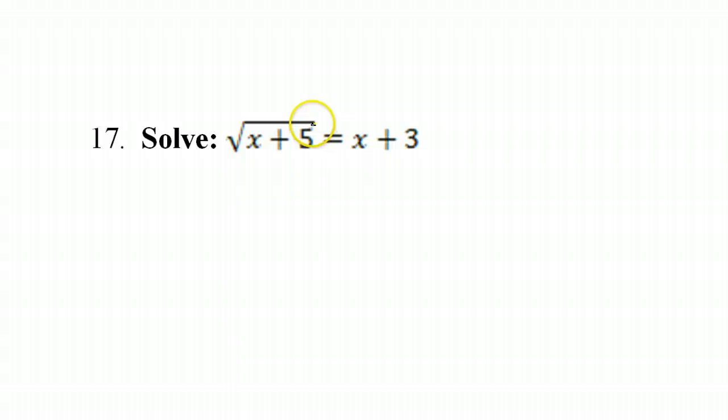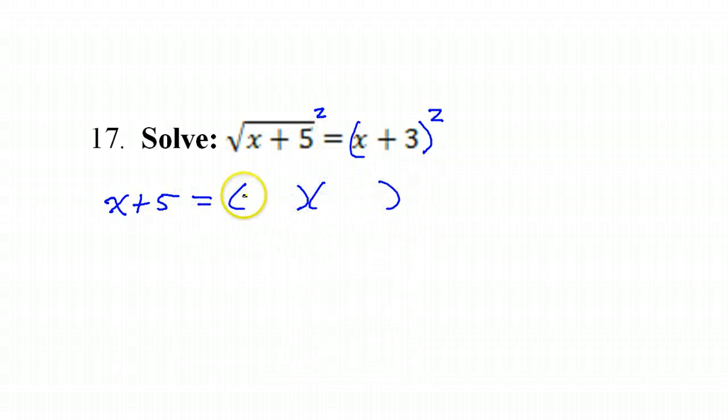So to get rid of this radical, we need to square it, but we have to be careful about how we do that, because when we square this side, we're squaring a binomial. Okay, so that means on this side, we will have the x plus 5, alright, because the radical goes away. But over here, we need to FOIL this, or double distribute, as I like to call it. We need to do x plus 3 times x plus 3.